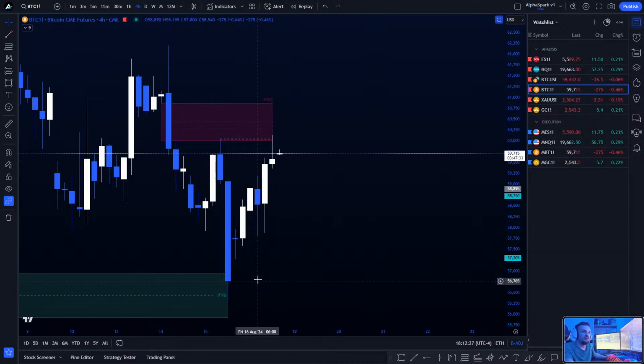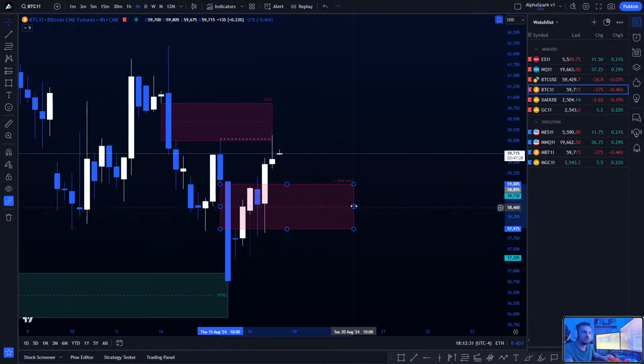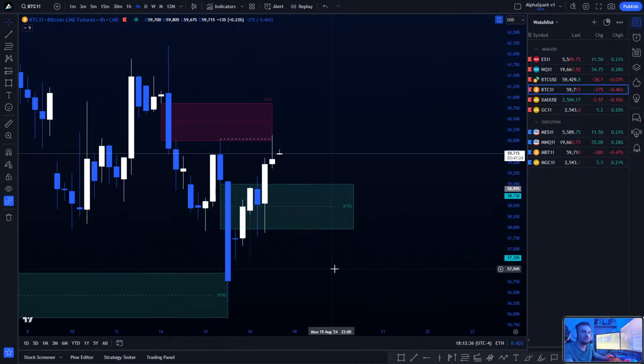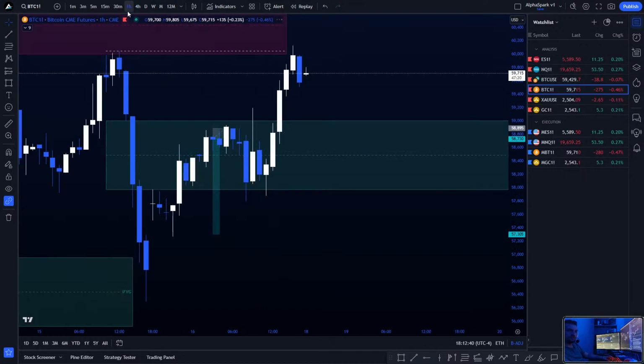I would like price to, at most, come back to this inverted fair value gap, but not go lower than it. Yes, definitely. Not go lower than it.